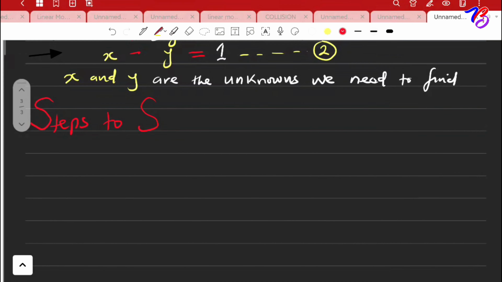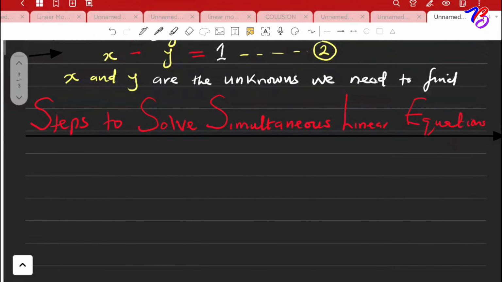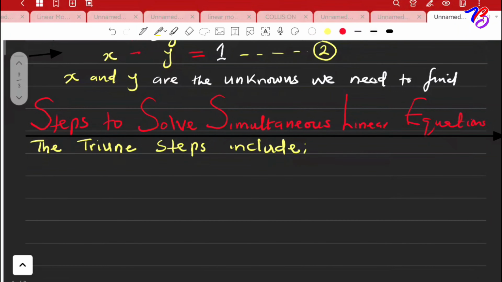So we are going to use the following steps to solve simultaneous linear equations. I'm going to take you through them so that you can solve problems easily under simultaneous linear equation. The three methods include number 1, substitution method.